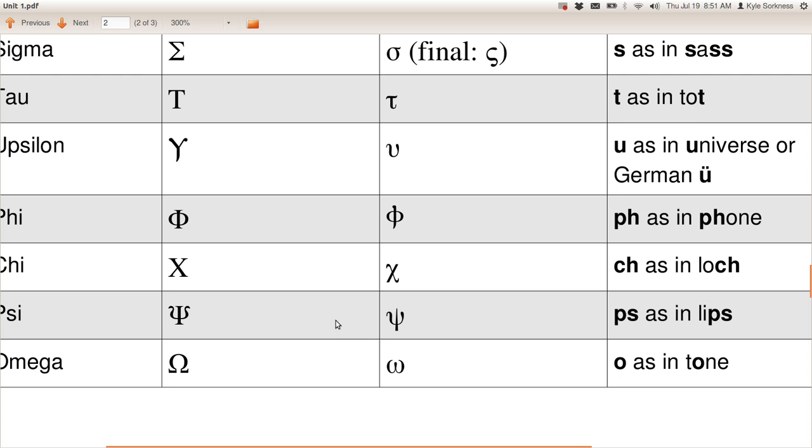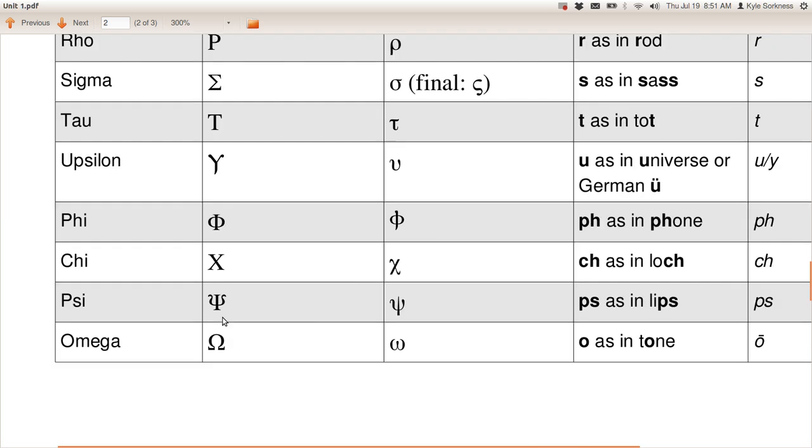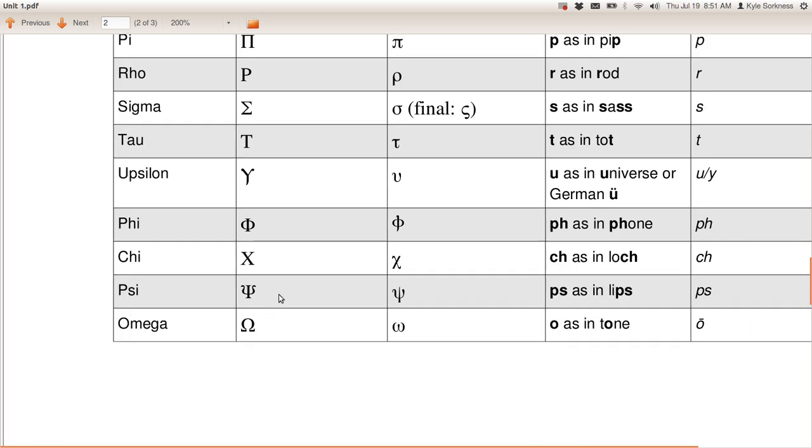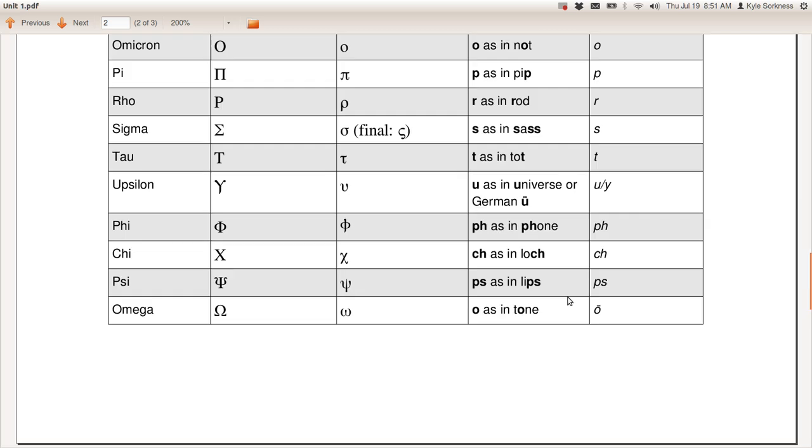So it's hard to tell here because they're not right next to each other, but that's how you tell uppercase from lowercase psi, is simply by the size and where it is if you were to put it on a line. So the psi makes the ps sound, as in lips, PS sound.